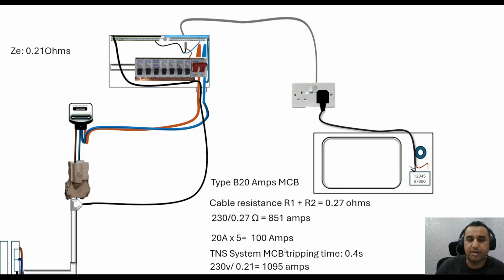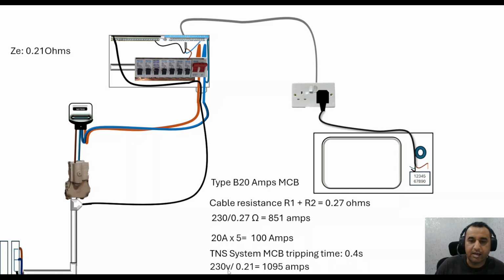It needs to trip within 0.4 seconds to protect all this system. Obviously this cable can heat up if the MCB doesn't trip within the required time, and all that stress will be on the cable and appliances. This is why it should trip within 0.4 seconds.